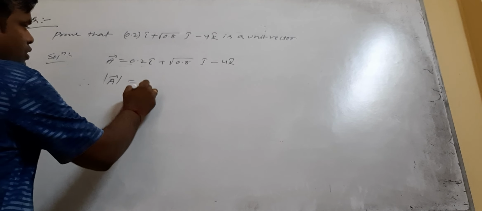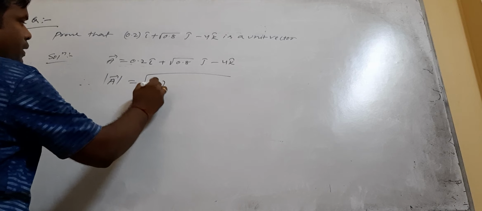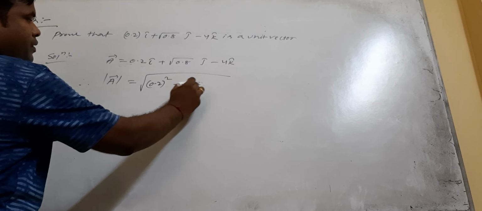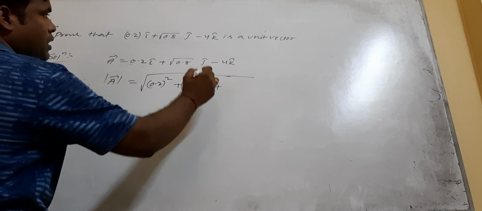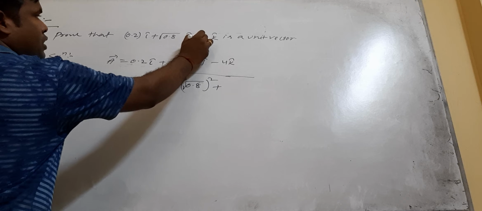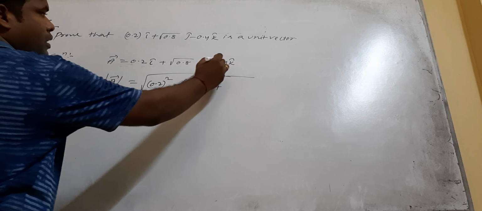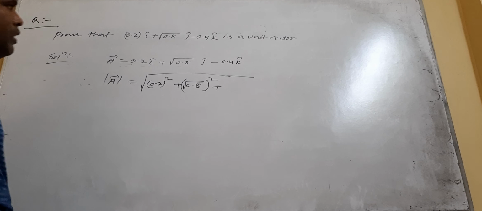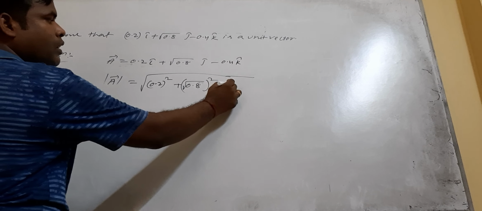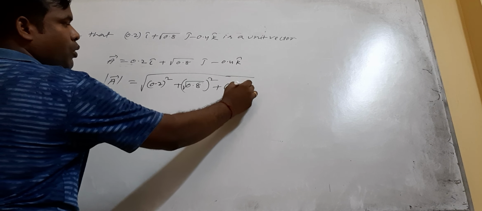So the a vector magnitude is root over of 0.2 whole square plus root 0.8 whole square plus minus 0.4 whole square.